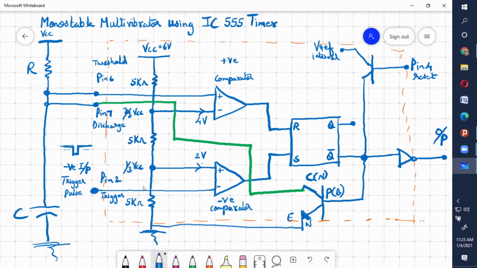There is one resistance and capacitance for a monostable multivibrator, and pin number 2 is connected with negative input trigger pulse. Shall we proceed? Have we copied the circuit diagram for monostable multivibrator using IC 555?